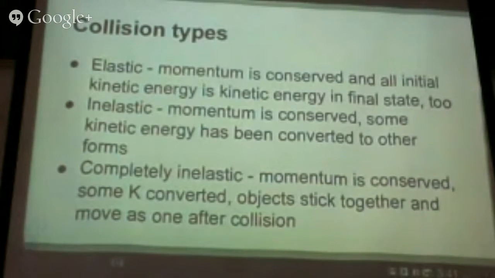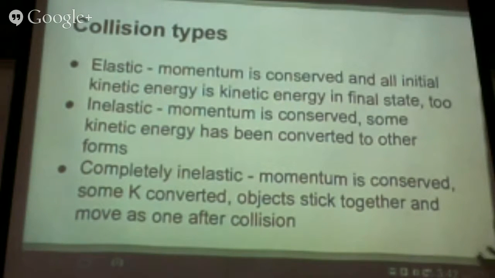And then the last one, completely inelastic or totally inelastic or perfectly inelastic. That means that a maximum amount of kinetic energy has been lost or changed into other forms. The consequence of this, the thing that we can observe and work with for our equations, is that the two things stick together in a completely inelastic collision.